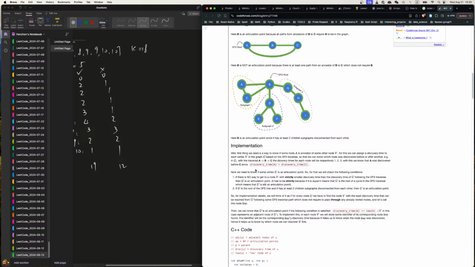It has to be strictly smaller, because if it is equal, it means that U is the root of a cycle in the DFS traversal.